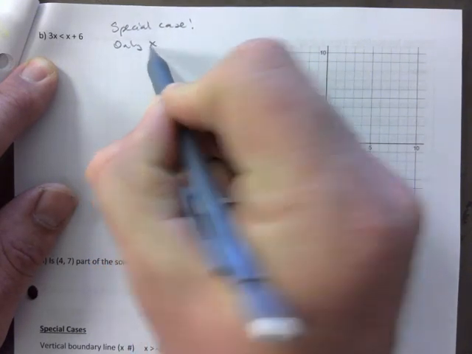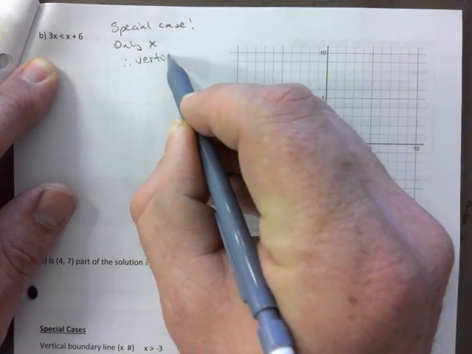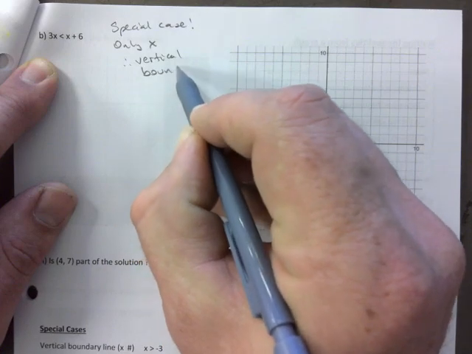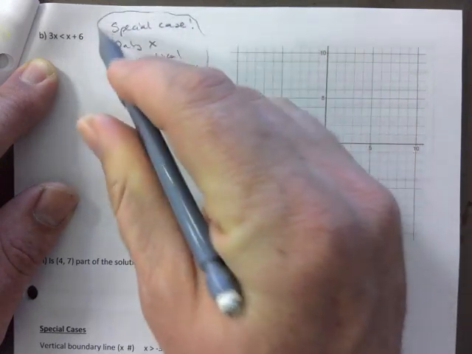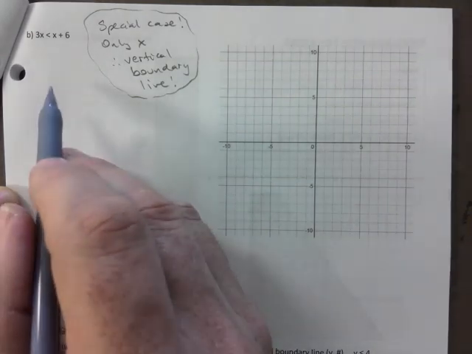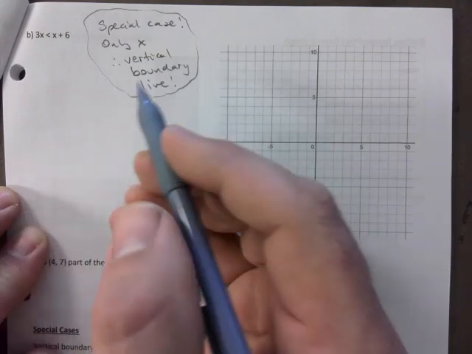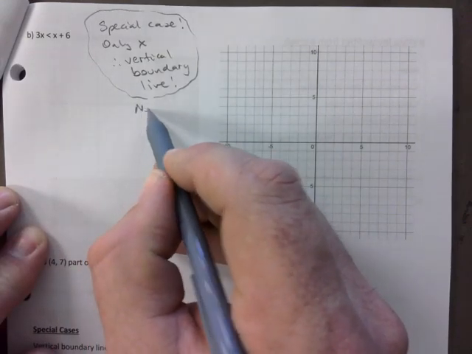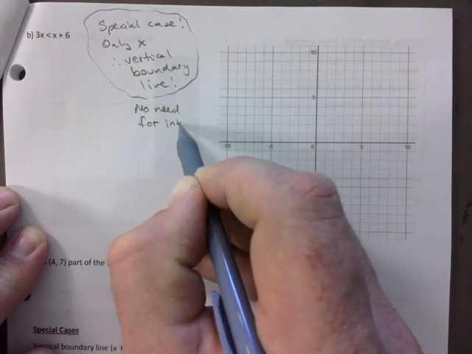Only x, right? Therefore, vertical boundary. It's just a note for you. Okay? So in that case, you don't need to find the intercepts. No need for intercepts.